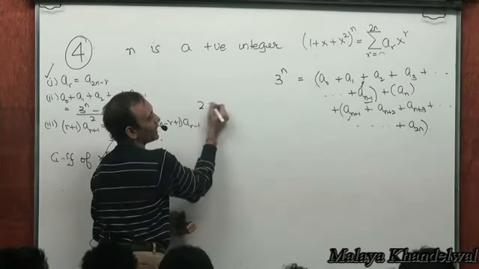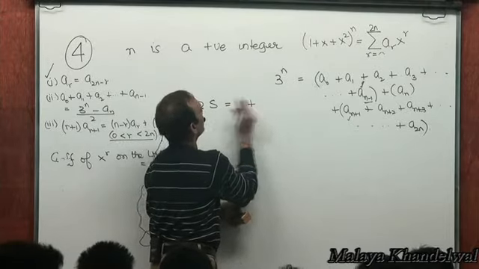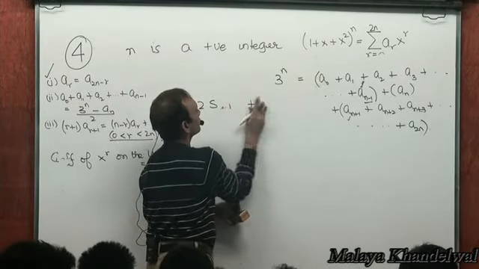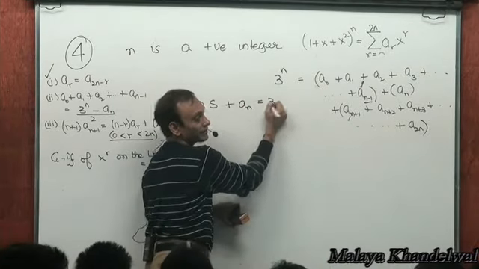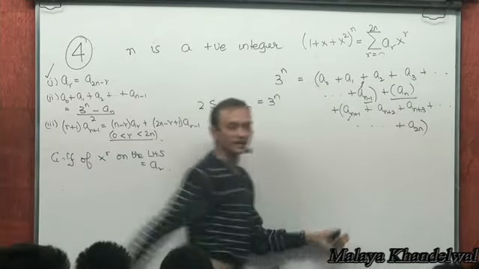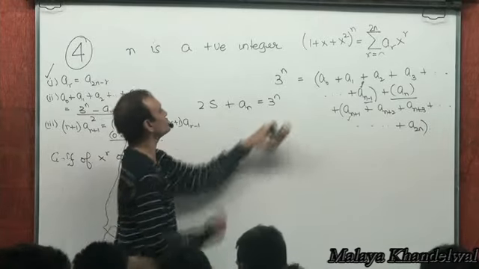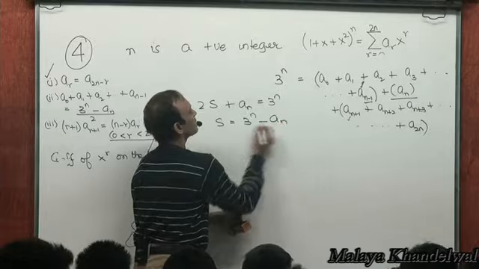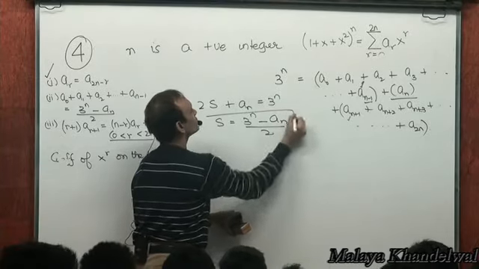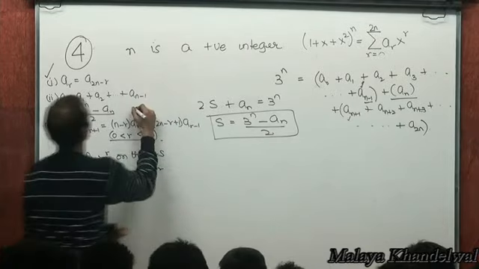So twice the required summation plus an is 3 to the power n. This an is unattended, and all that you need to do is transpose, so 3 to the power n minus an divided by 2 would be the required sum.